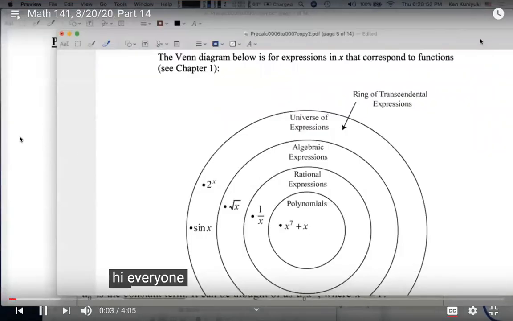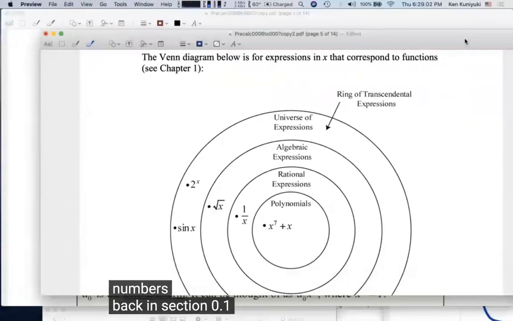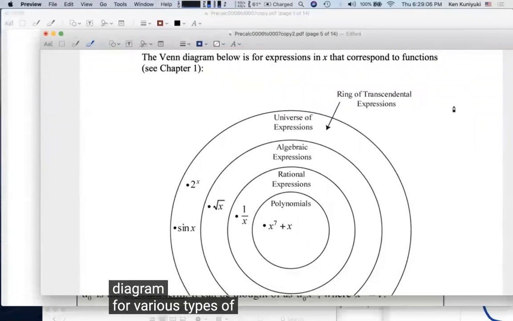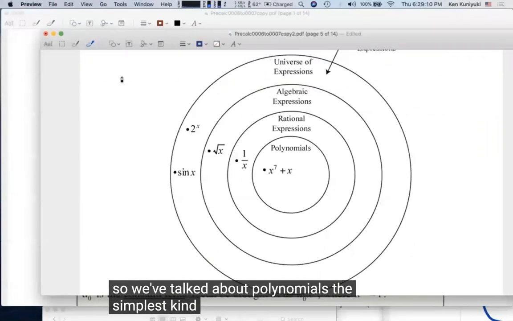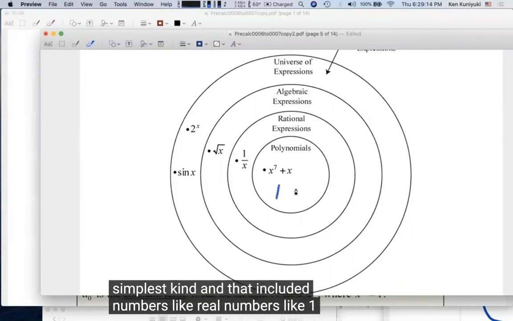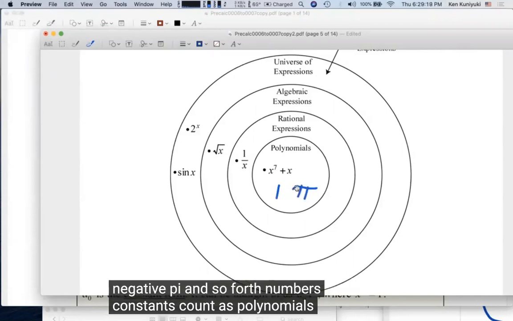Hi, everyone. So similarly to what we did with the numbers back in section 0.1, let's do a Venn diagram for various types of expressions in x. So we've talked about polynomials, the simplest kind, and that included numbers, like real numbers, like 1, pi, negative pi, and so forth. Numbers, constants, count as polynomials.